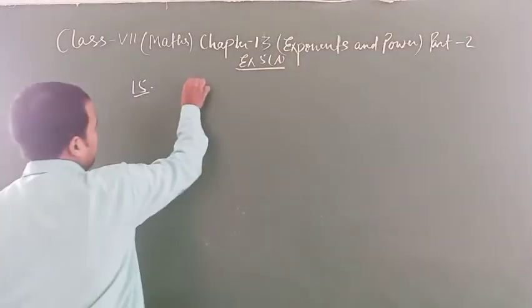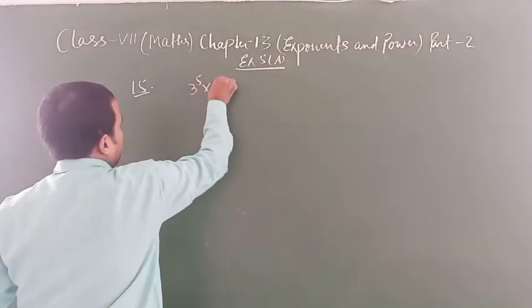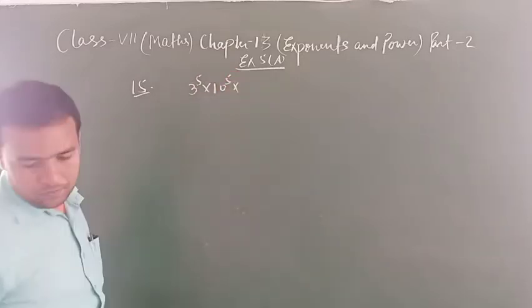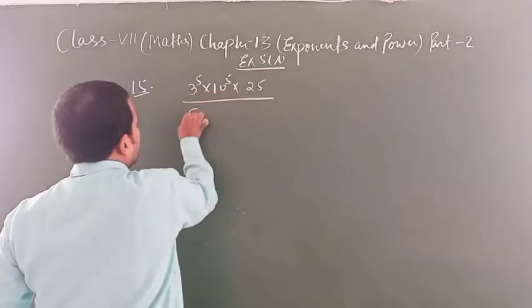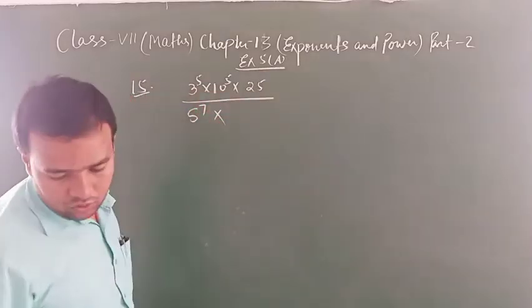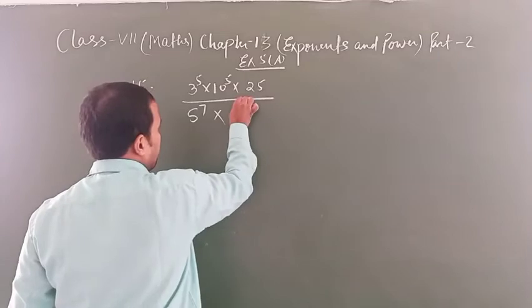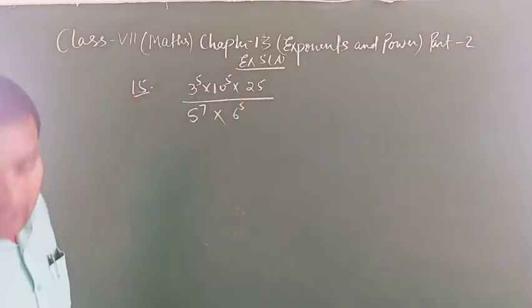3 power 5 into 10 power 5 into 25 upon 5 power 7 into 6 power 5. Clear?